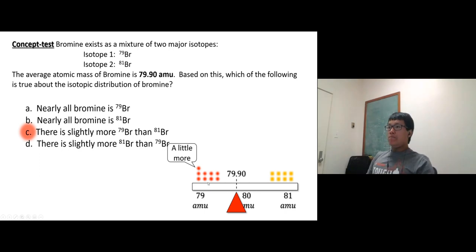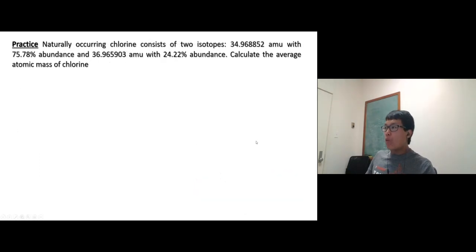So the average atomic mass is going to go towards 79.9. All right, we got one more. This one is just for your own calculation, so I don't have to explain anything. Just go back to the formula and plug and chug. There are two isotopes of chlorine. One is 34.9 AMU, the other one 36.96 AMU.